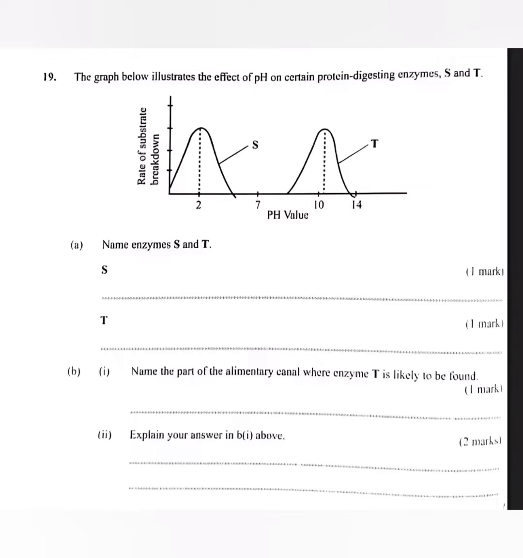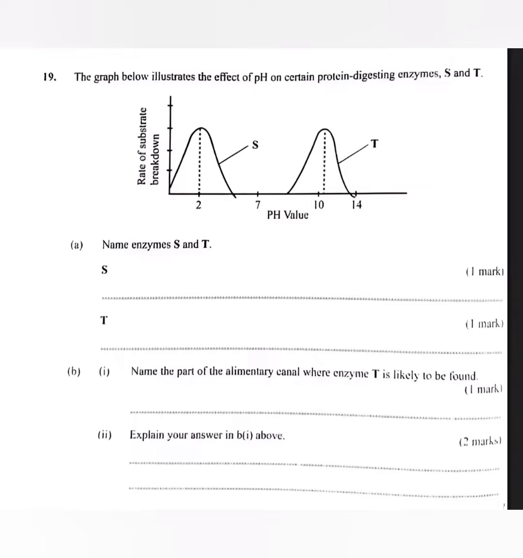A pH of 0 up to 6.9 is called the acidic pH. Then the pH of 7 is called the neutral pH. Then from 7.1 up to 14, it is called the alkaline pH.